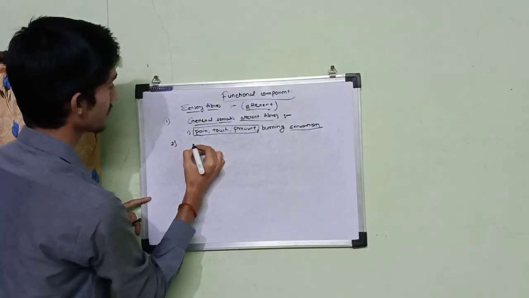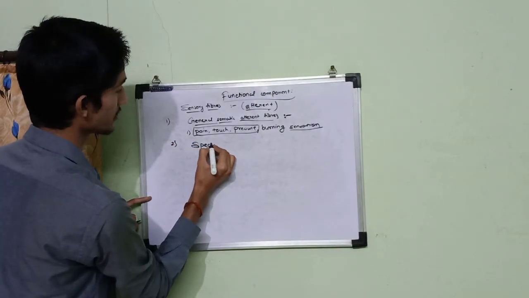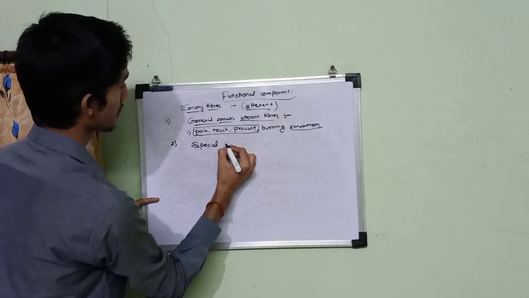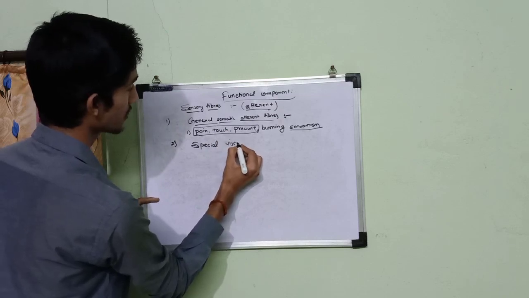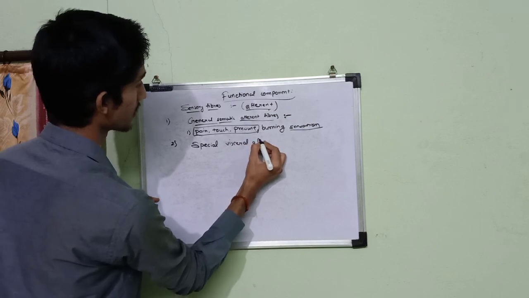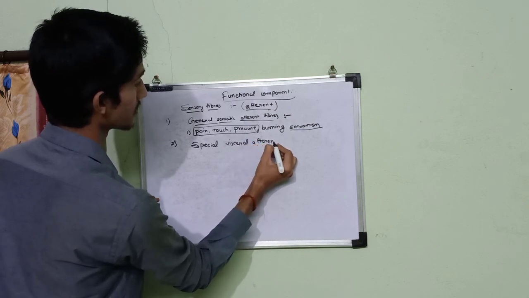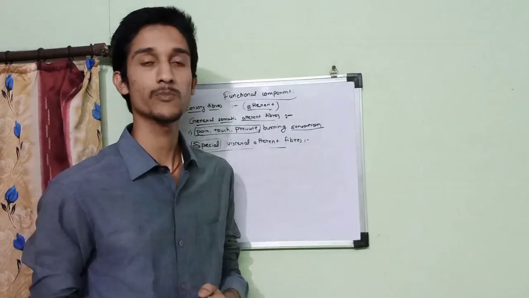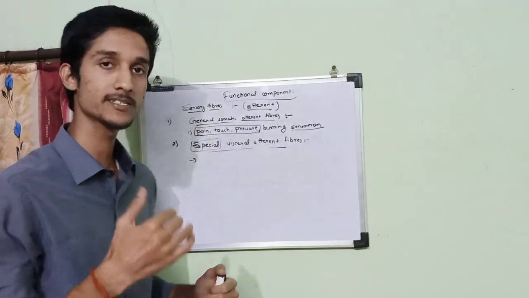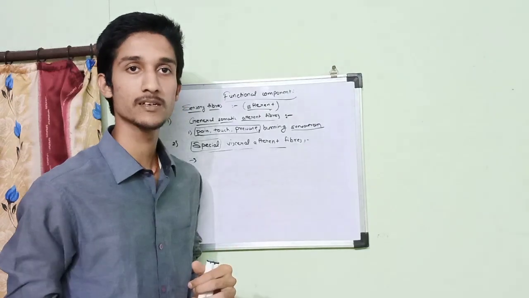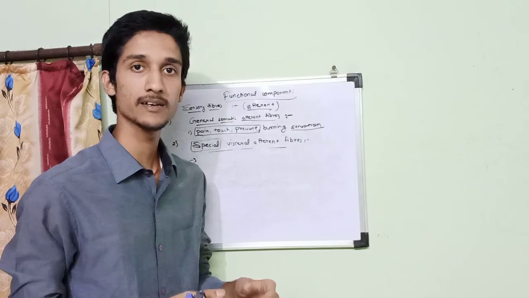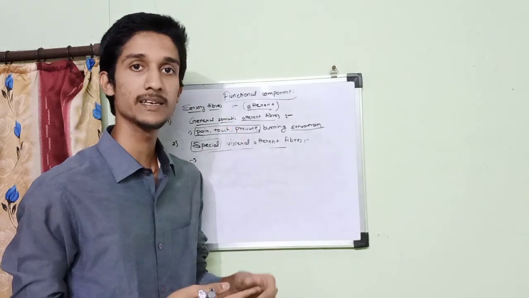Alright. Second, we have special visceral afferent fibers. So within our body we have two types of sensations, the special and general sensation. The special sensations are our taste, hearing, vision and balance.